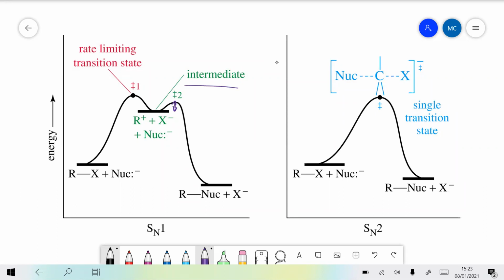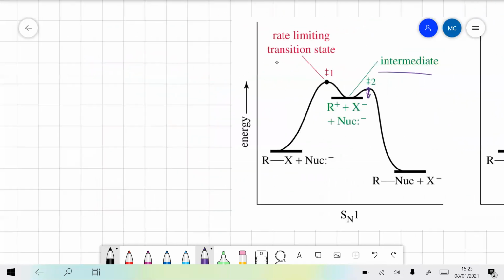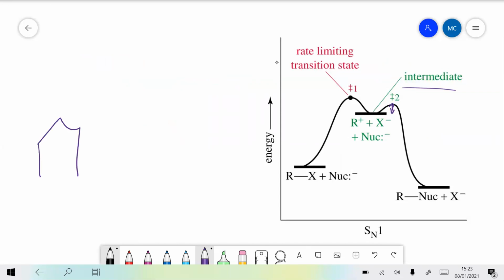Now, intermediates for carbocations are highly unlikely to be stabilized. One of the few ones that I know that is stable is this carbocation. That's supposed to be a benzene ring.